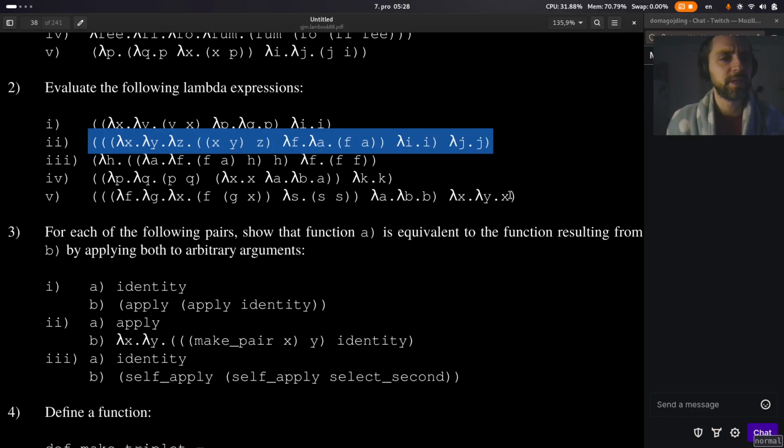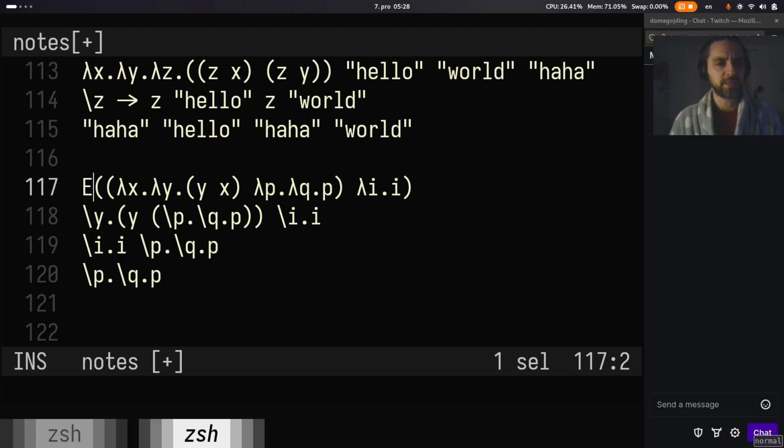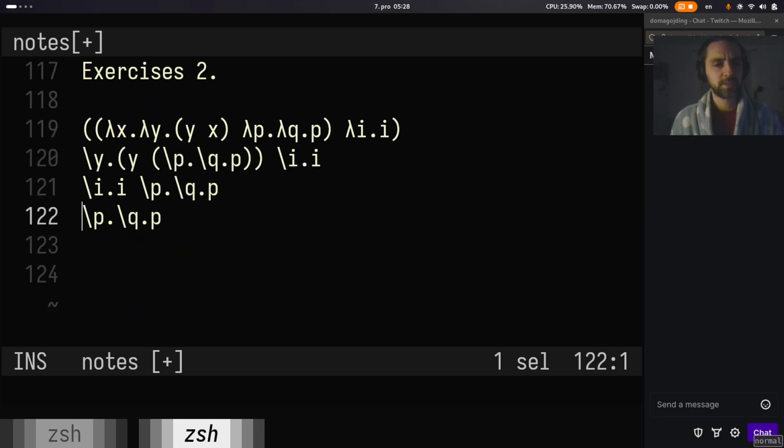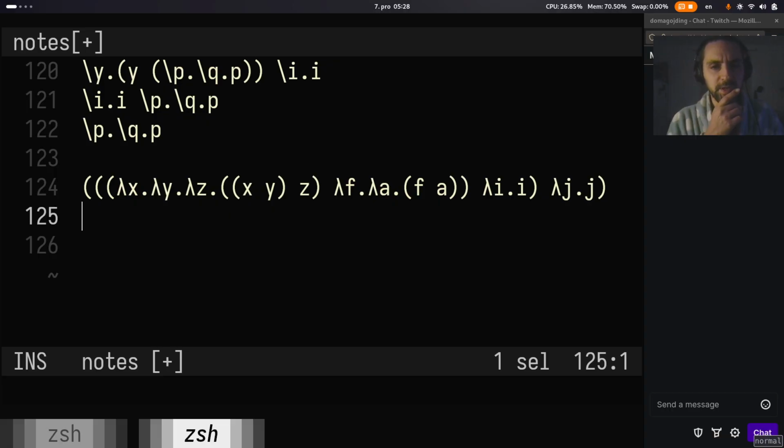Okay, so these are actually exercises. 2 point, maybe I should just write it here, exercises 2 point something. So what's the second one? This one is longish. What do we have here?